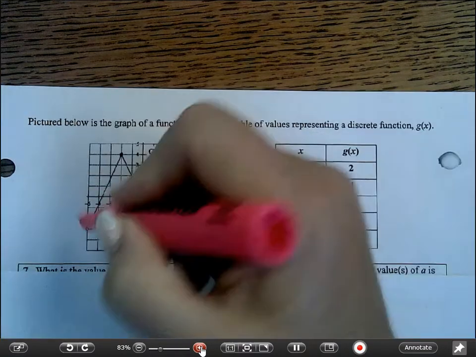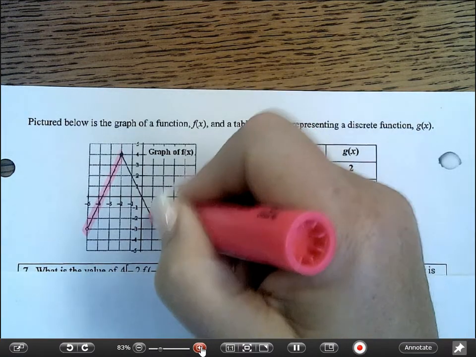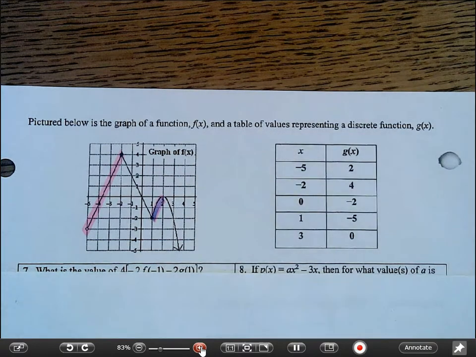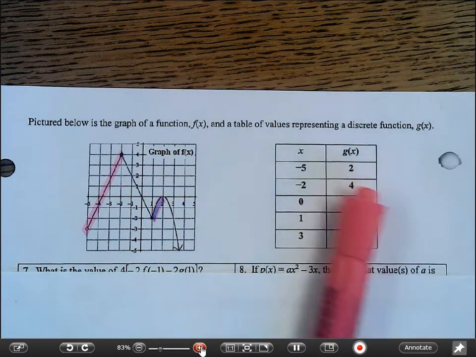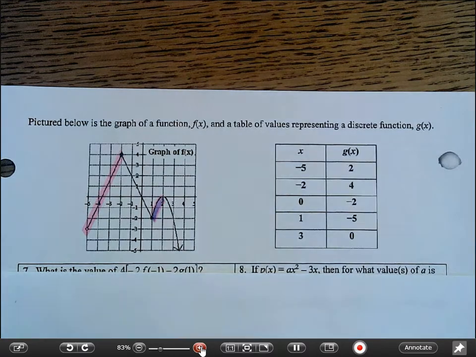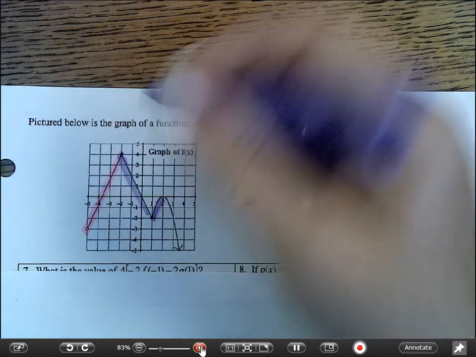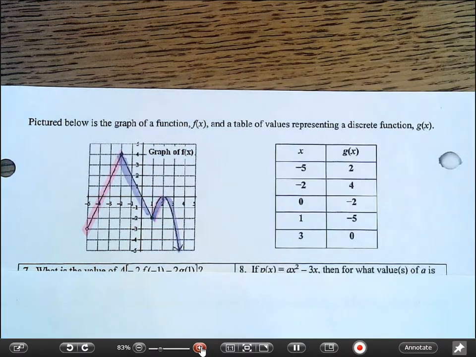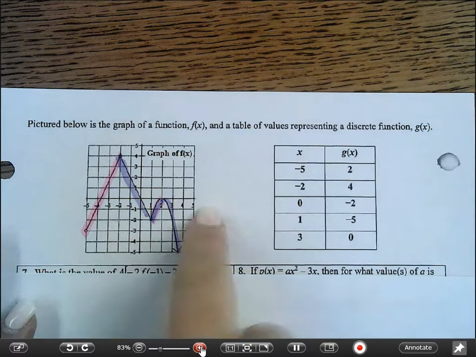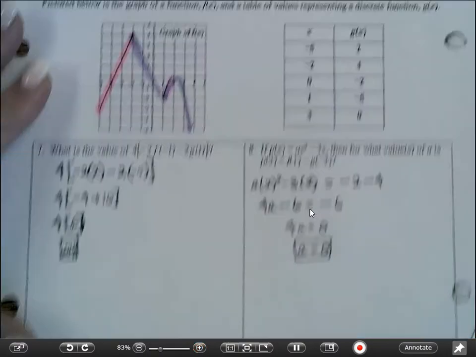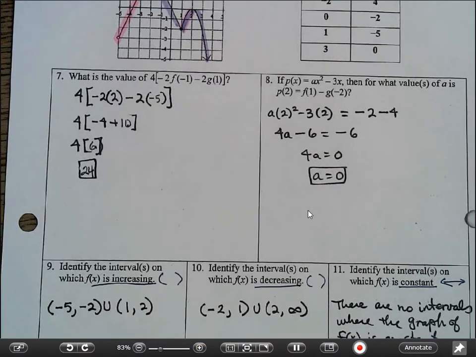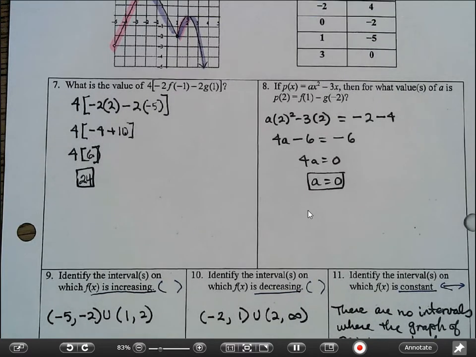So I'm going to highlight the interval where the graph is increasing. Then the decreasing is going to be from here to here, and I do not see any horizontal line. So let's take a look at those intervals, make sure we agree with those.